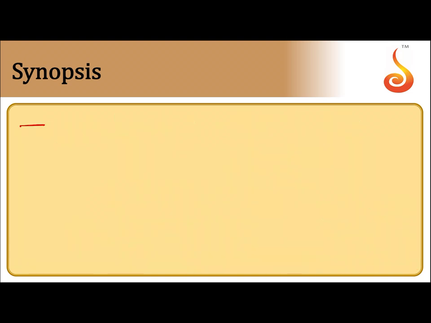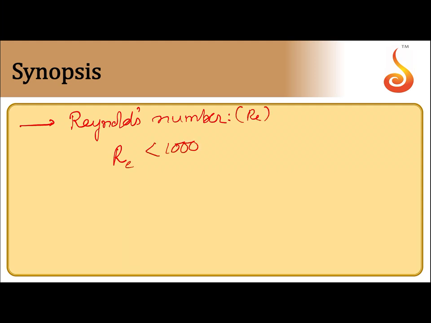Another quantity which is quite important in the present context is what is called as Reynolds number. What is that Reynolds number? It's the number which decides the nature of flow of a liquid. If this Reynolds number is less than 1000, it is treated as laminar flow.